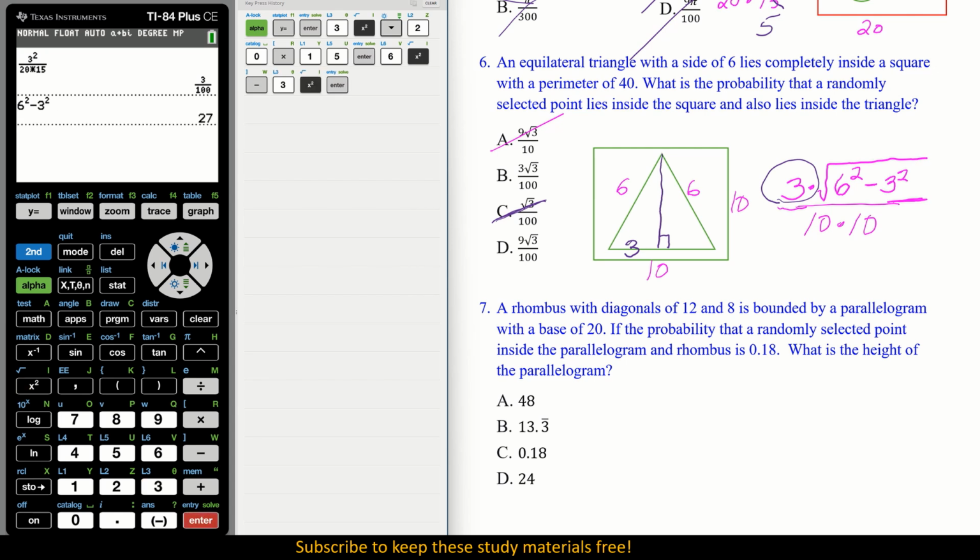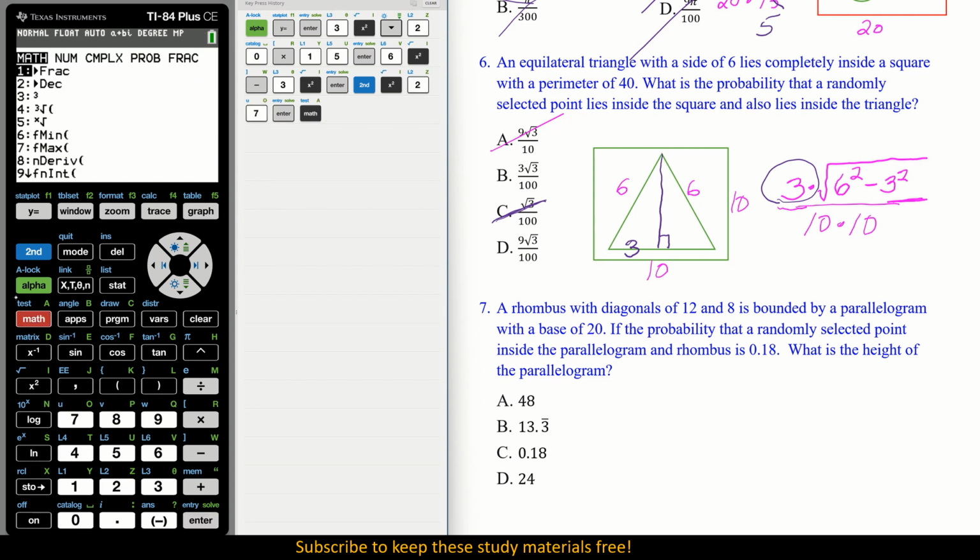That's 27. Okay, now under the radical, what's that going to give us? Well, that's 3 times 3 times 3. We can pull out 3. Okay, notice our calculator is not going to give us a whole lot of help. Here, let me show you what I mean. I'm going to say second radical and 27. It's a decimal.